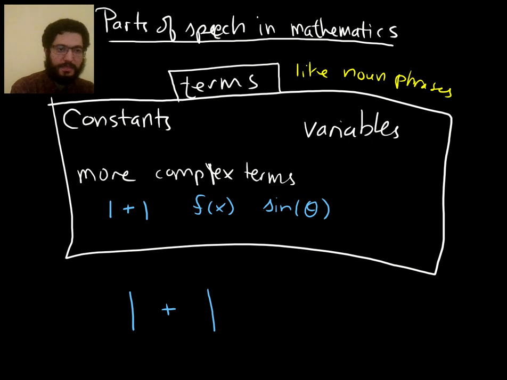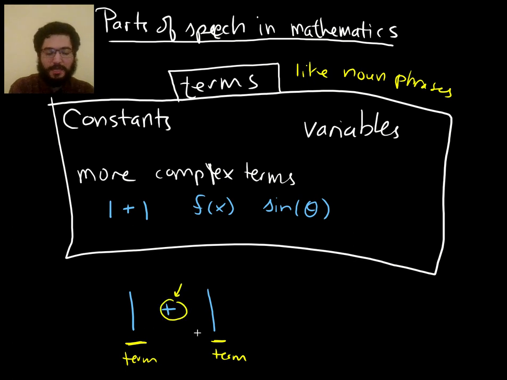So here, what makes this a term is the fact that here we have a term, here we have a term, and the rules of plus are such that if you put a term on either side of a plus, then you get a well-formed, perfectly grammatical term.